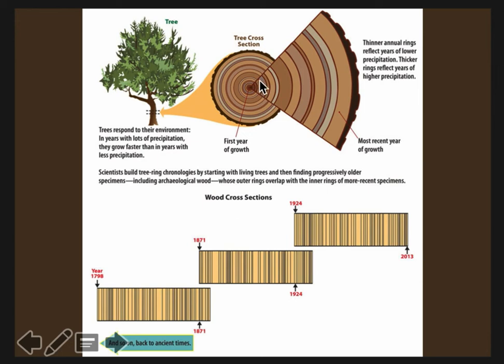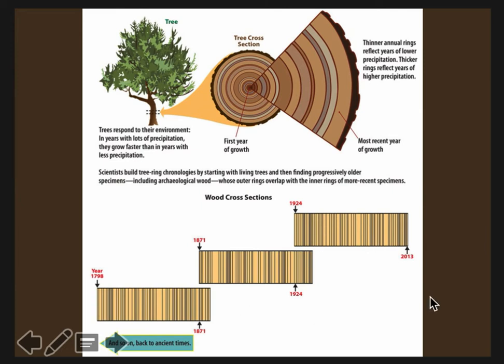Now, what this allows people to do is to take a piece of wood, look at the tree rings, and find an older piece of wood, find where they match up, and now you've got the rings going back to, let's say, 1871. Well, if you have a roof timber from an old house that's taken out, and you can match up some of the rings, then you can extend that sequence going back even further.